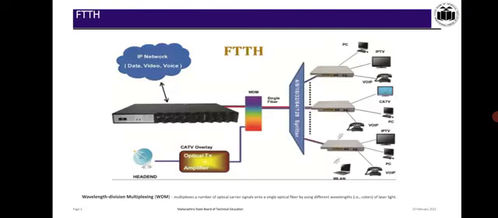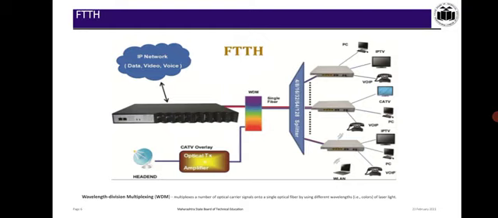The same concept is explained with the help of this diagram. So here in the OLT, the Internet Protocol network, meaning data, video, voice, as well as from the cable TV, the information comes to the WDM, that is the wavelength division multiplexing.